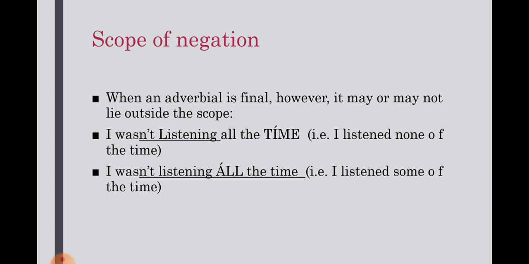I negated the process of listening. While in the second example, we included the adverbial within the scope of negation. I wasn't listening all the time. So all the time here is included. So this means that I listened some of the time, not all the time.